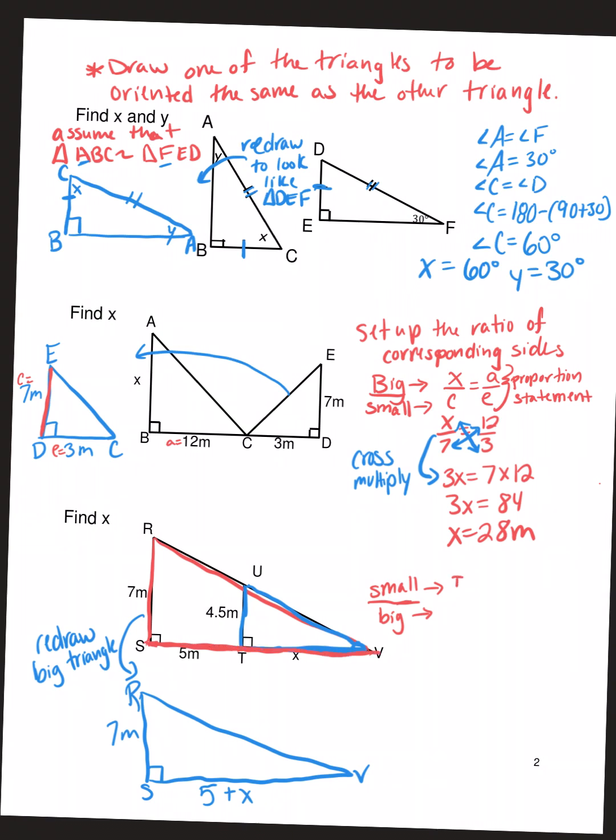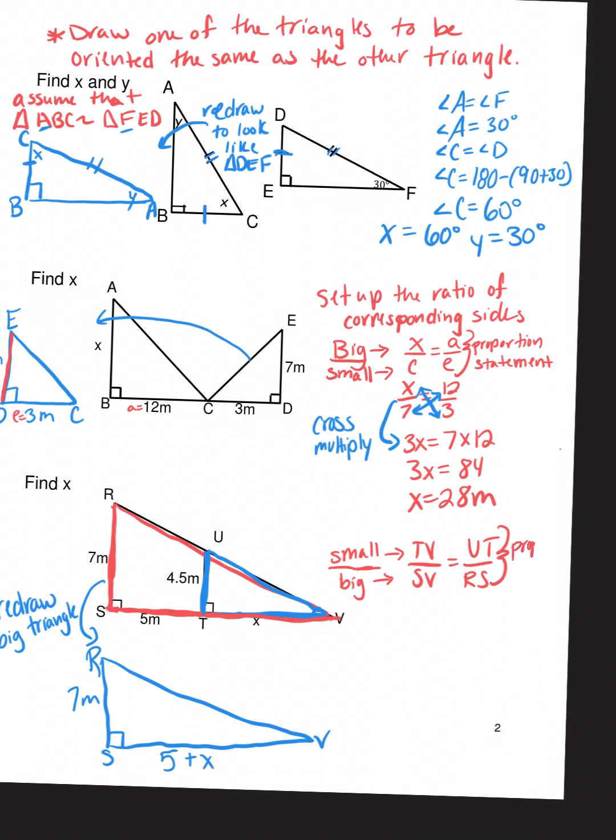Okay, so we're going to say TV over SV is going to equal, and then if we look at some other corresponding sides, we have UT. Right, so UT is going to be corresponding with RS. And again, this ratio equaling each other, this is our proportion statement when we have two ratios equal to each other.